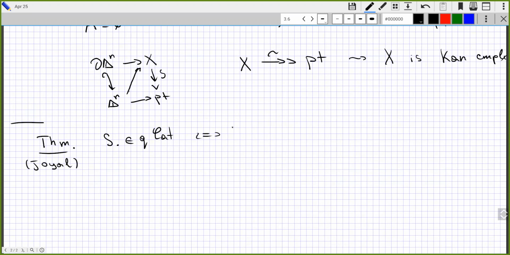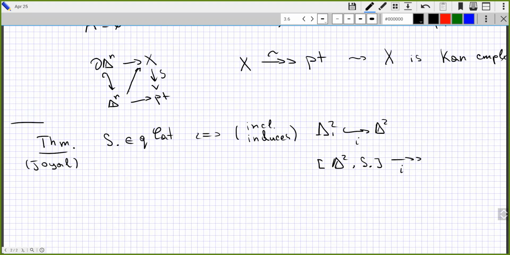It's like that: a simplicial set is a quasi-category precisely when the inclusion of the horn induces a trivial fibration on the functor complex when you take the restriction map.